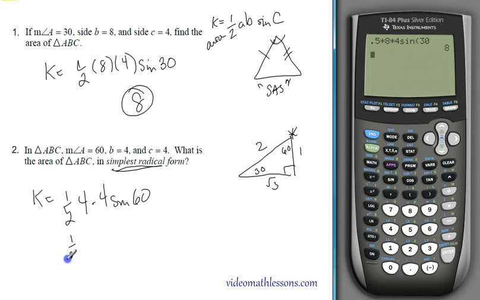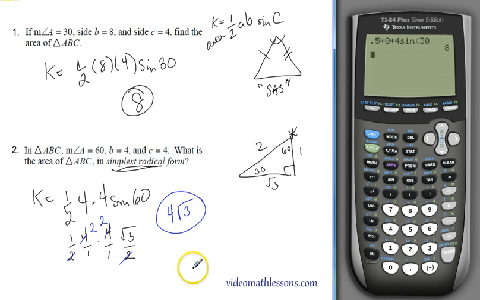So it's 1/2 times 4 over 1, times 4 over 1, times rad 3 over 2. And this time I will do this, canceling out without a calculator. So 2 goes into 4 twice. 2 goes into 4 twice. 2 times 2 is 4. The answer is 4 rad 3. Simplest radical form.